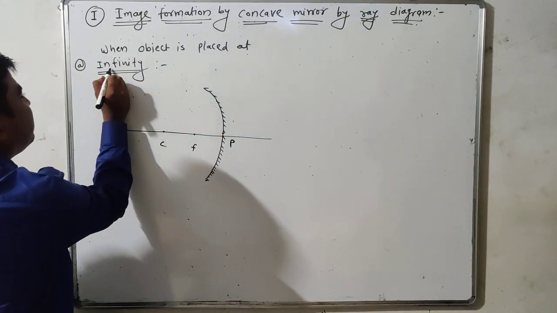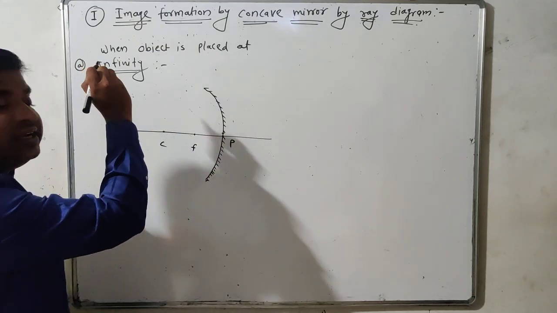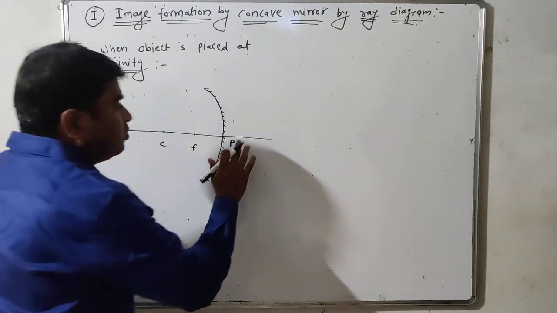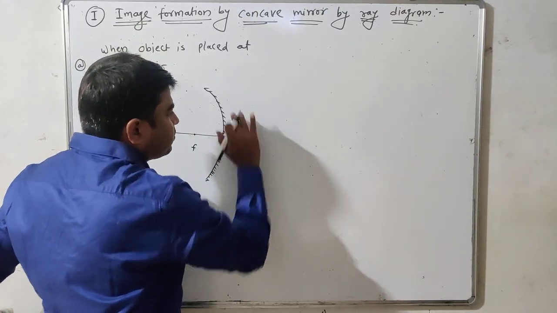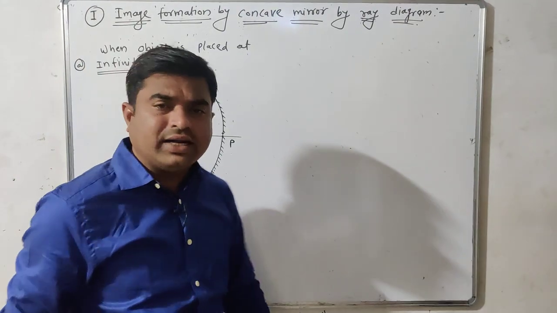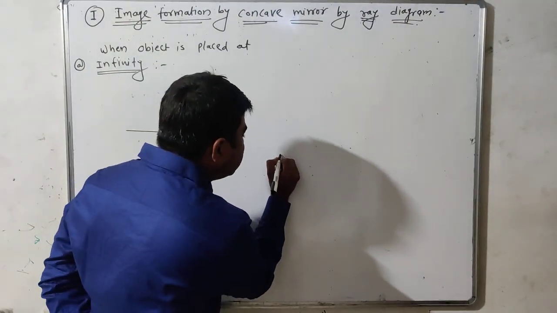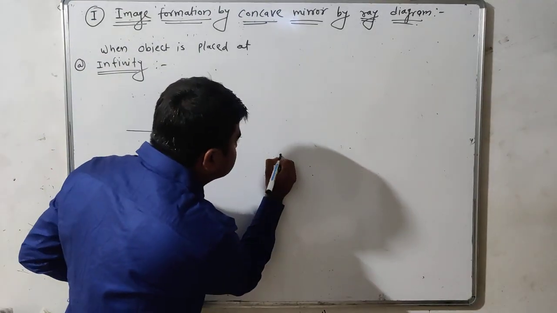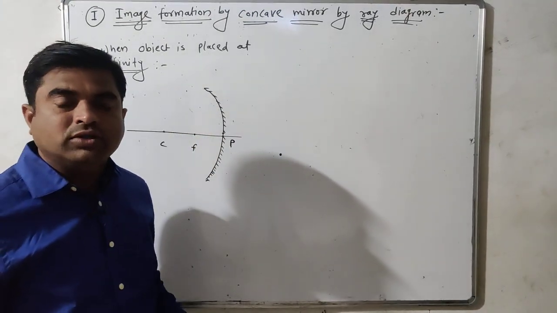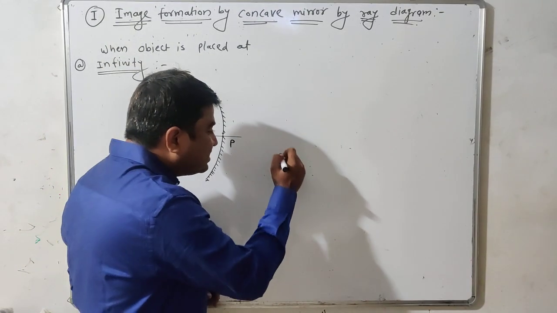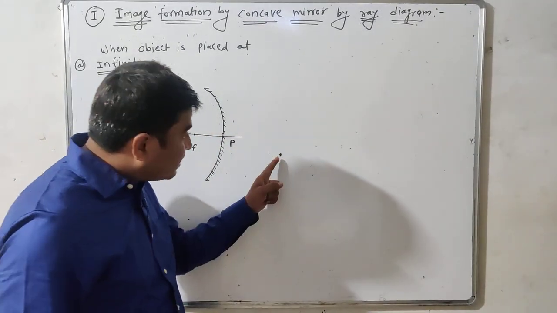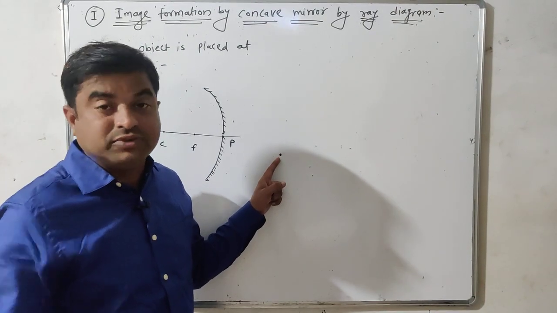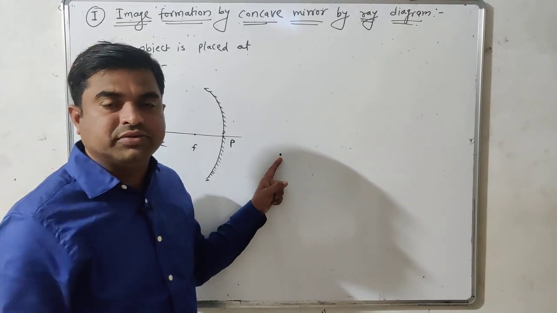Now student, if we place an object at infinity, we need to find the position of its respective image. You know that any point object is visible to us. Why? Because when light is incident upon this point object, it behaves as the secondary source of light, as we studied in our first video lecture.